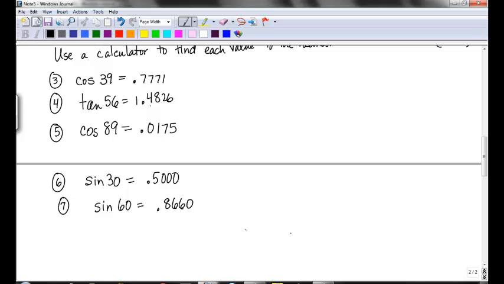0.8660. Now think about a 30, 60, 90 right triangle. If I said this was 1, this was 2, and this was radical 3. If I said find the sine of 30, sine of 30 would be the opposite over the hypotenuse. 1 divided by 2 is 0.5. If I said figure the sine of 60, sine of 60 would be the opposite, radical 3 over 2. Take radical 3, close the parentheses, divided by 2, get the 0.8660.